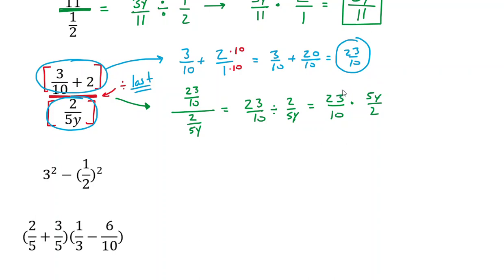Now we take off our division hat, we put on our multiplication hat. It's 23/10 times 5y over 2.